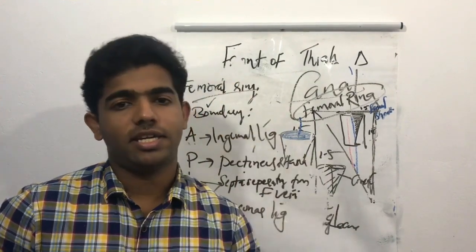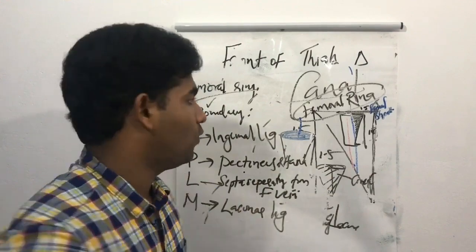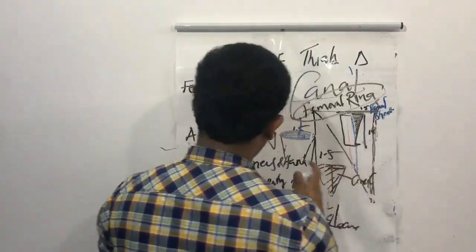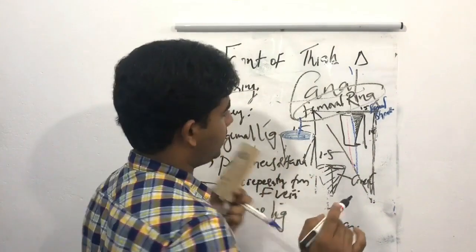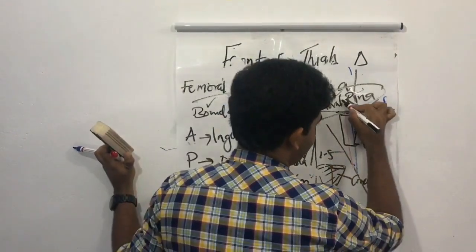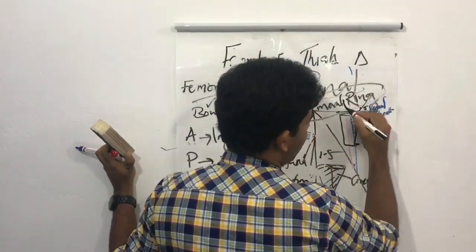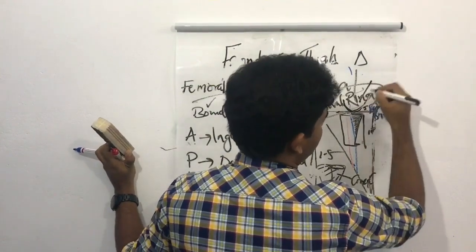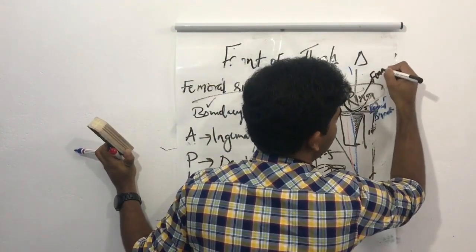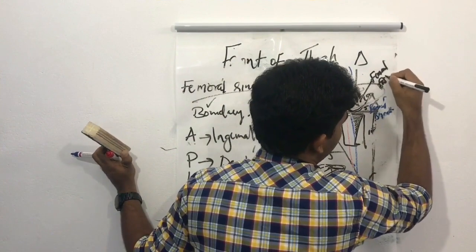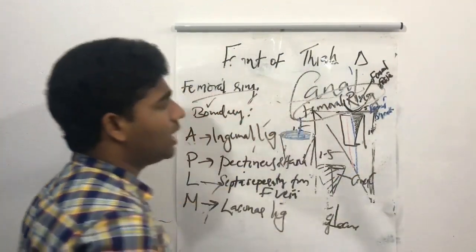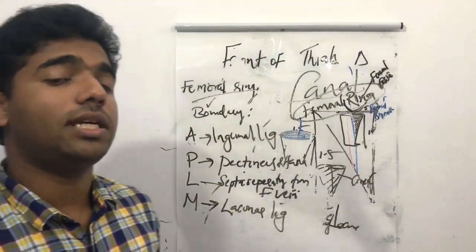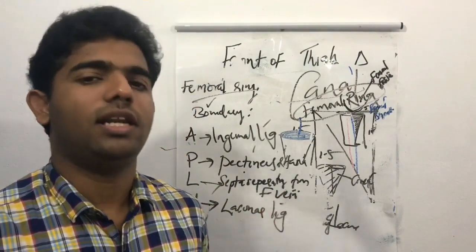This peritoneum has a depression that is known as the femoral fossa.